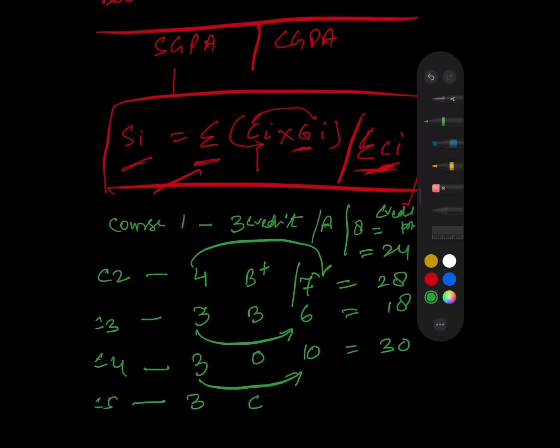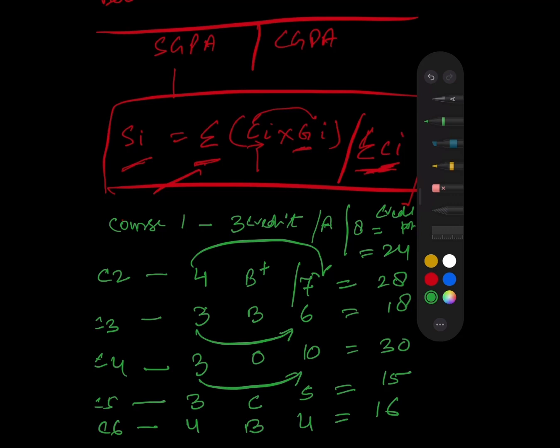You got C. If you got C, then the grade point will be 5 and the credit point will be 15. Course 6, 4 credits. You got grade letter B, and then the grade point will be 4. Credit point will be 4 into 4 is 16.